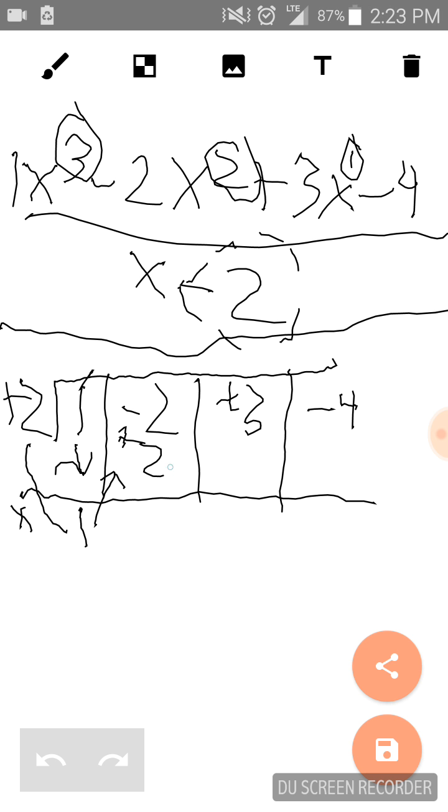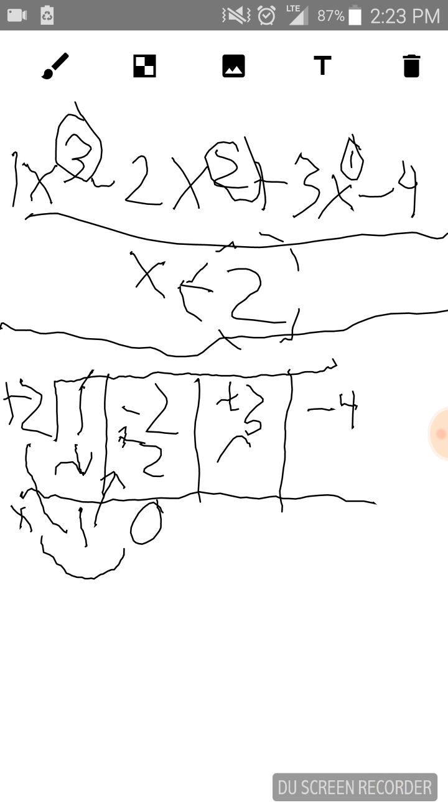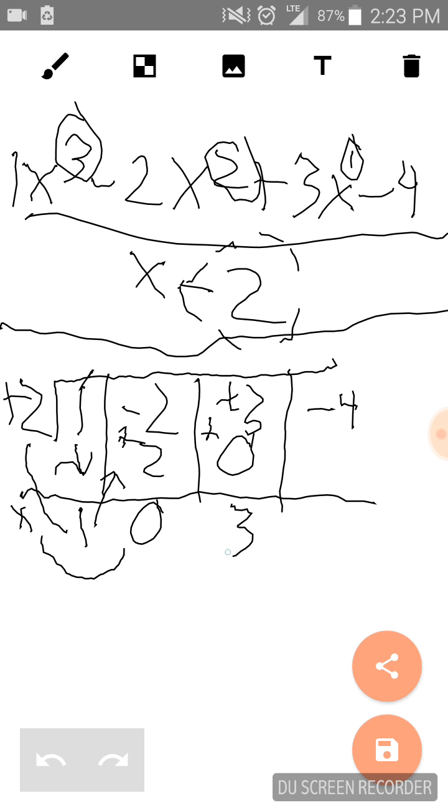Negative 2 plus positive 2 gets you 0. You do the same thing again. The positive 2 times 0, of course, gets you 0. So now I add up the 3. 3 plus 0 equals 3.